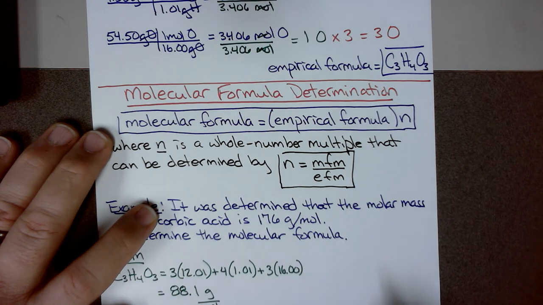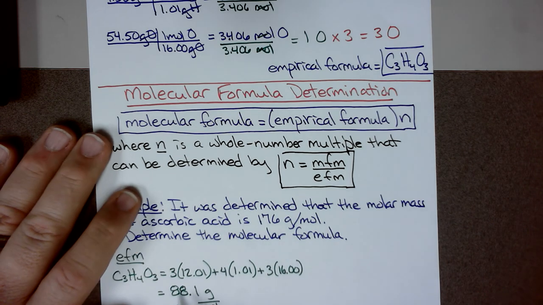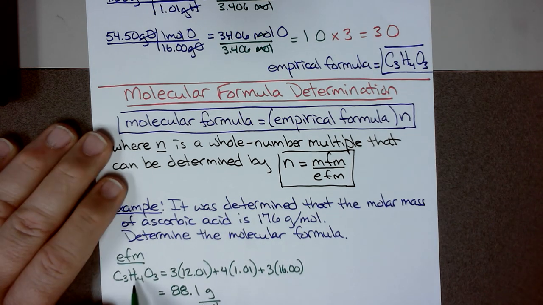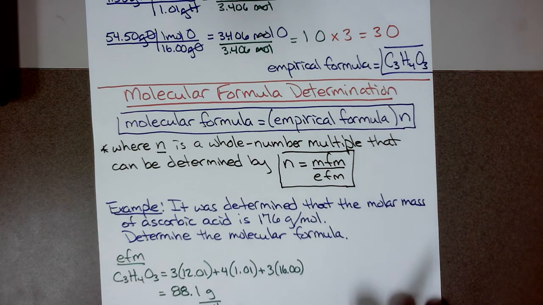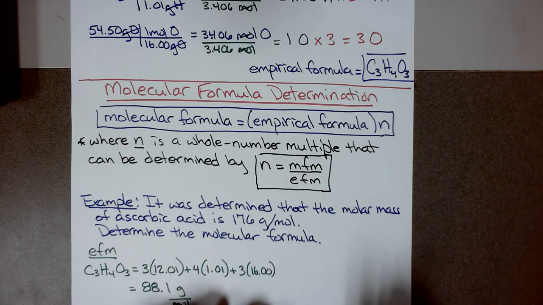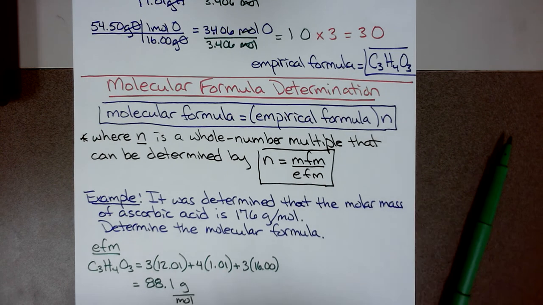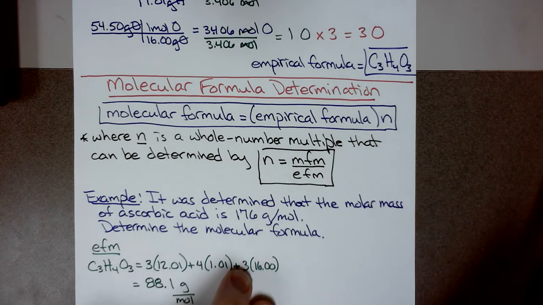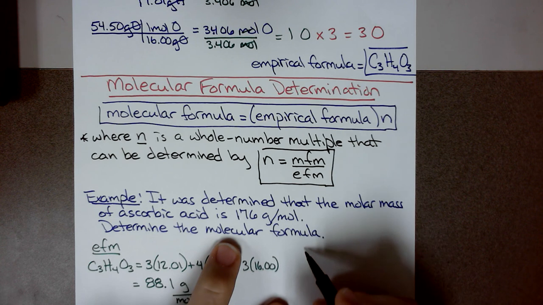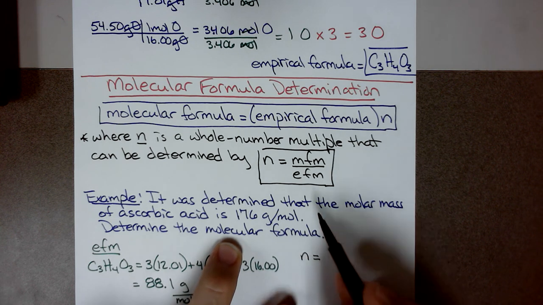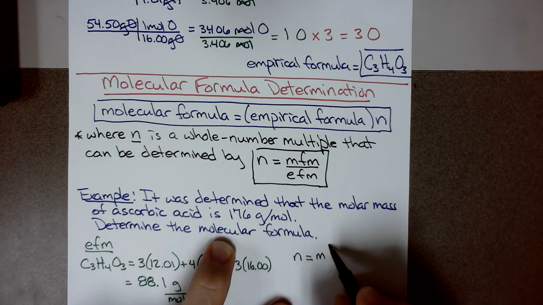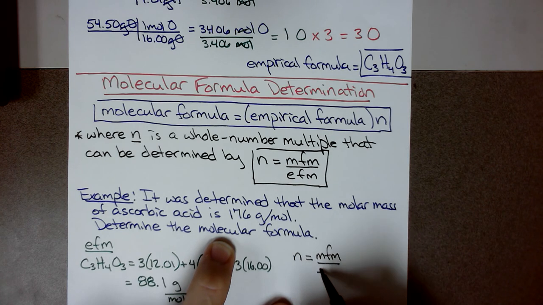Now, so that's the molar mass of the empirical formula, which we call the empirical formula mass. Remember, we're going to use this equation to figure out the whole number multiple. N is equal to the molecular formula mass, MFM, over EFM.